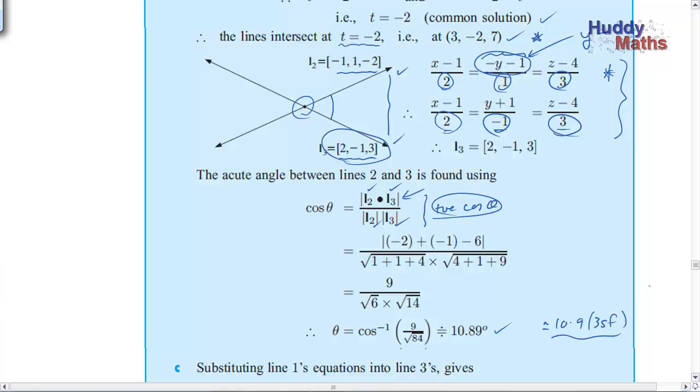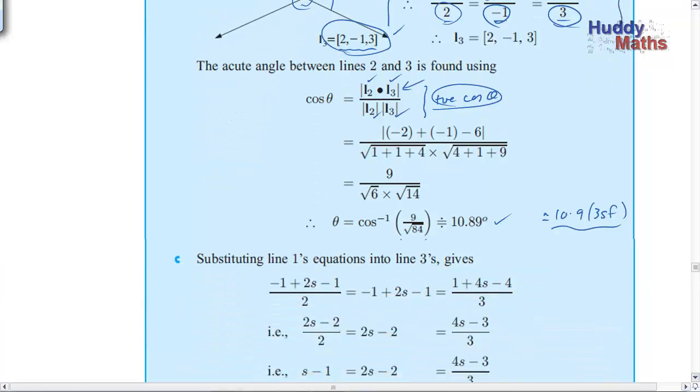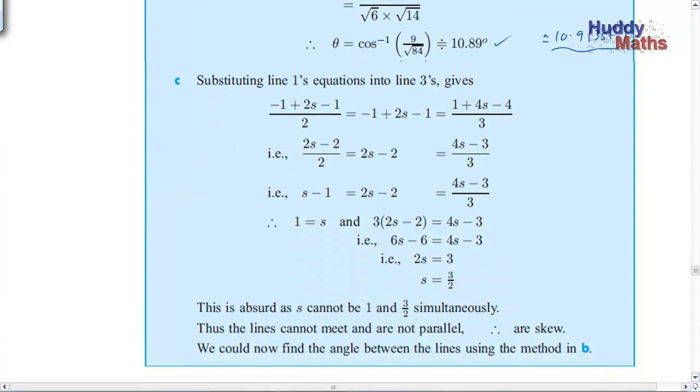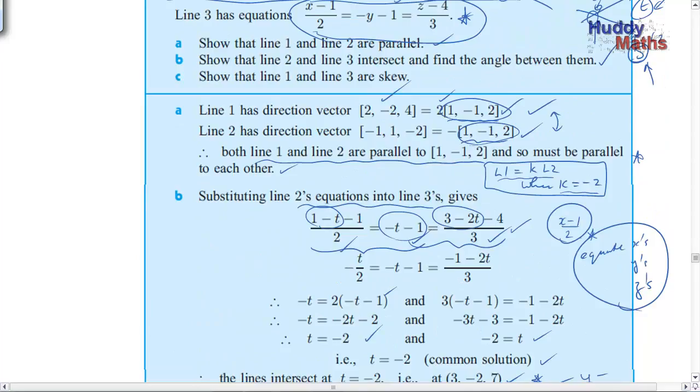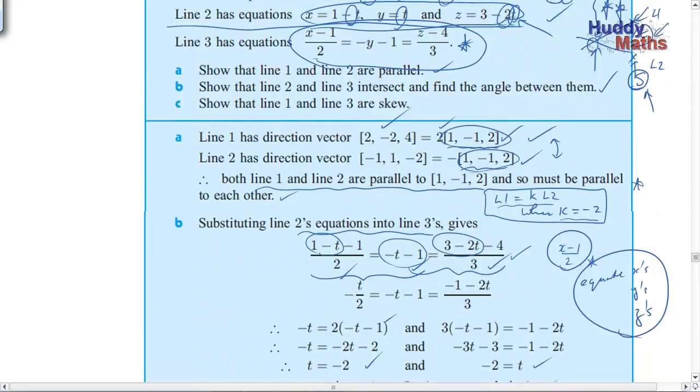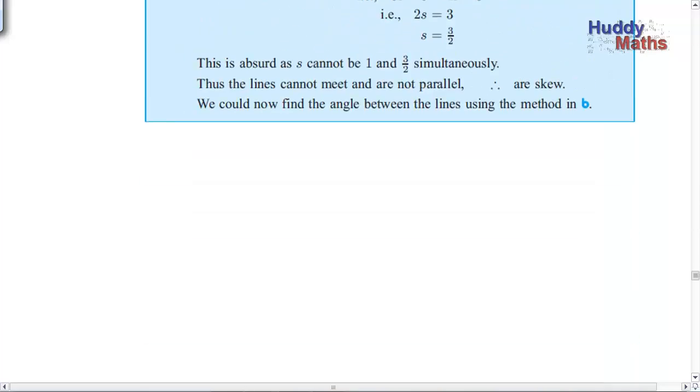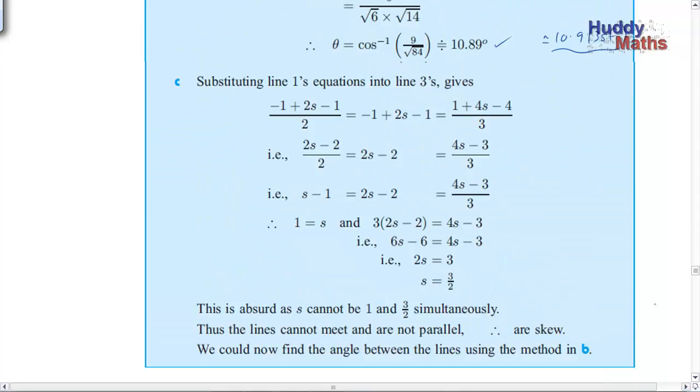Now let's do the last one, where we're asking what relationship line 1 and line 3 have. Do they intersect? Let's go back up and check the question. Show that line 1 and line 3 are skew. So let's have a look. Line 1 and line 3.